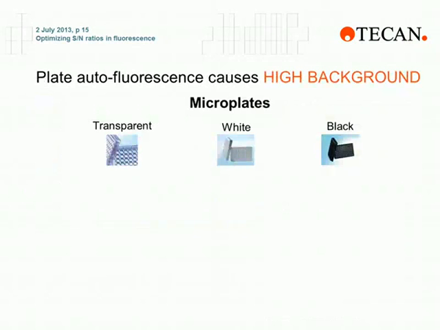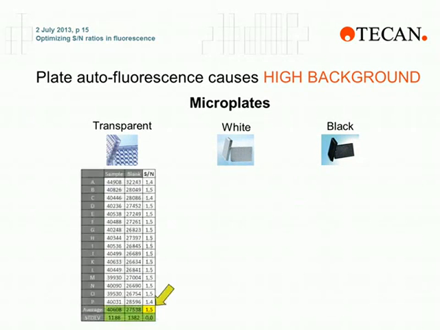So, as mentioned, we have to find a solution for the high background. Our previous experiments were all performed in transparent plates, where we ended up with a signal-to-noise ratio of 1.5.